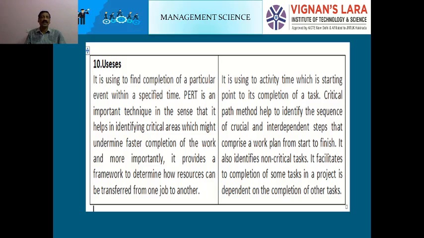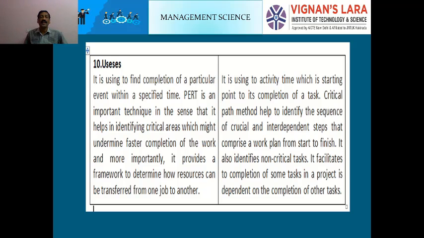The next difference between PERT and CPM is uses. PERT is a technique very much used for identification of certain and uncertain areas. Certain and uncertain areas can be identified by the application of PERT. That is, it is used to find completion of a particular event within a specified time.